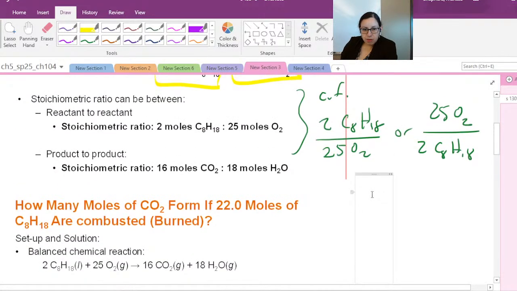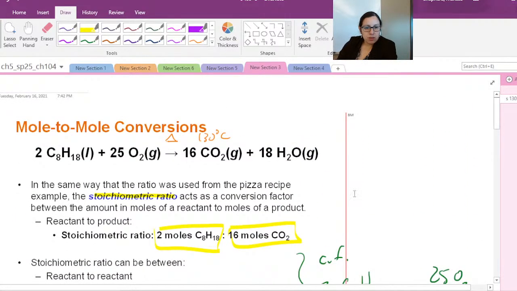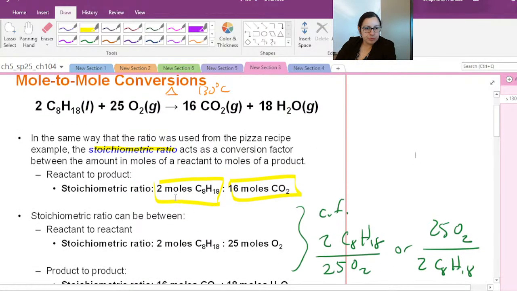All right, so you might want to write down this equation to help you: 2 moles of octane plus 25 O2 gives 16 CO2 and 18 water. Now let's try our practice.